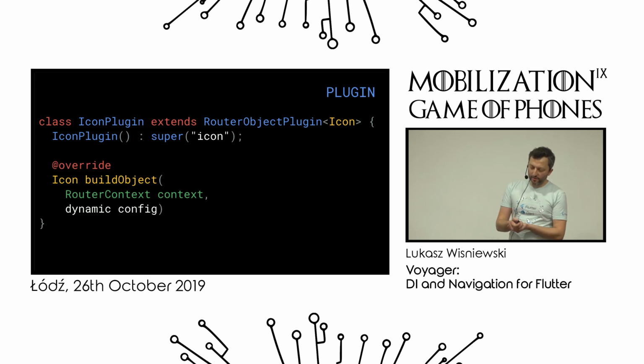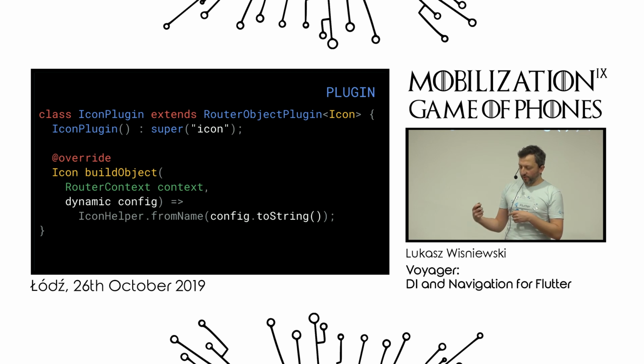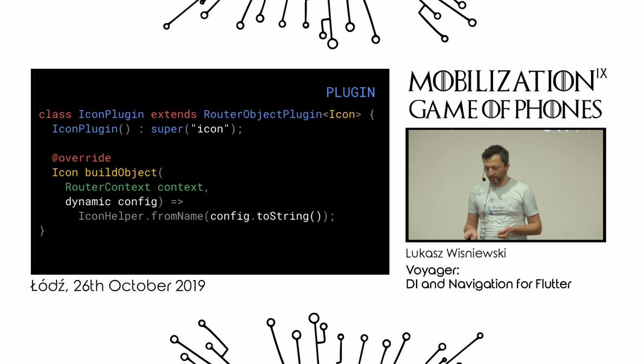Up next, we need to implement the buildObject method, which helps us return the object we want to have. In this case, we get a dynamic config argument, which is going to be a plus. So we need to turn it into an icon instance, and for that we have an icon helper method.